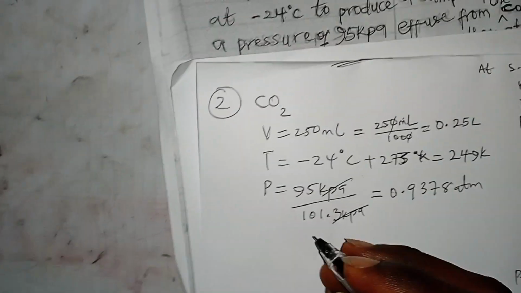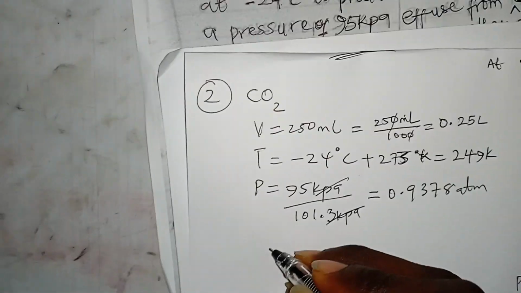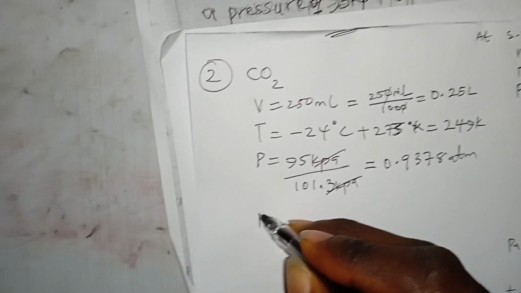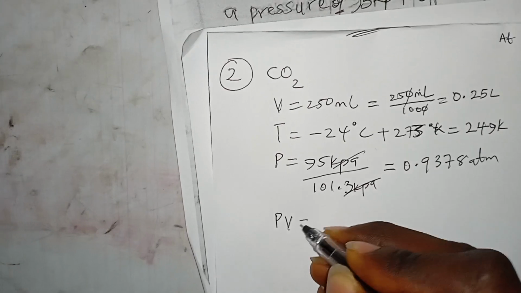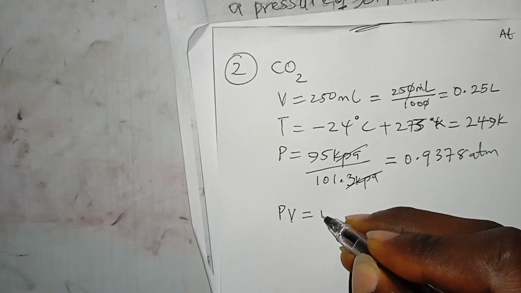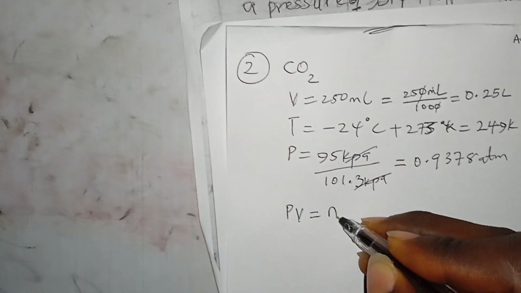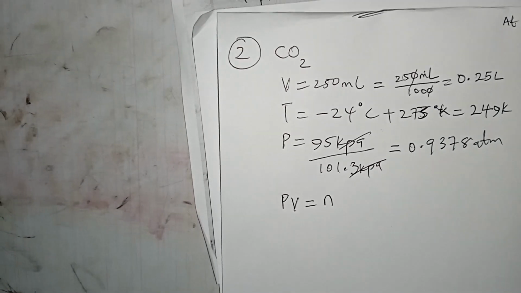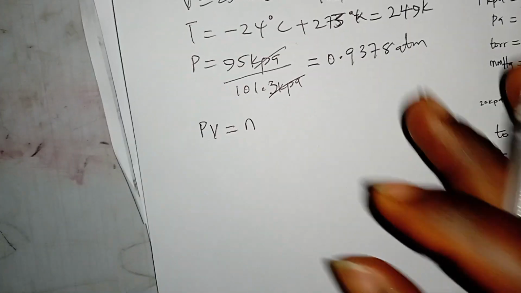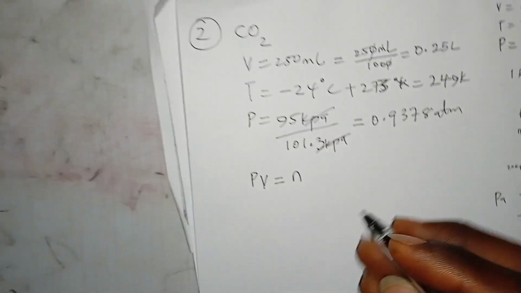So the minute I'm through with converting these values, I will now remember that everything I'm given has P, I have V, I have N. Okay, I'm told to find how many grams. I don't have any.